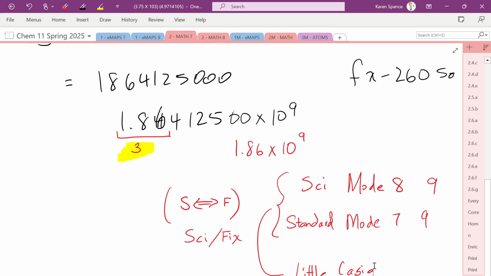Number 9. So number 9 equals 6, right? So this times this is that. So now we have this number, which has 2 significants. That's for 6. We've got uncertainty in that.